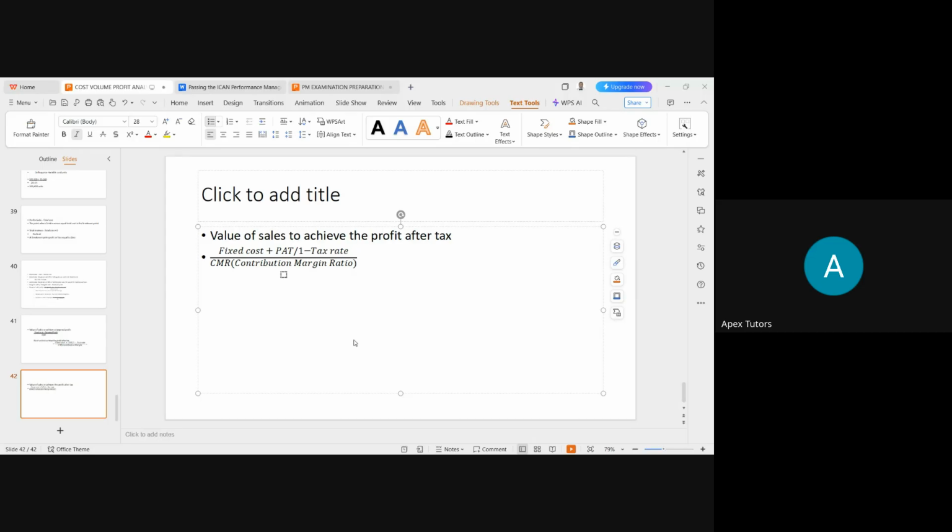In a question it can be stated that company A produces toys, produces wristwatches, produces this and that. And now you can be asked to determine the contribution margin for each product, the weighted contribution margin ratio, or the overall break-even point in sales value. How do you approach such a question?